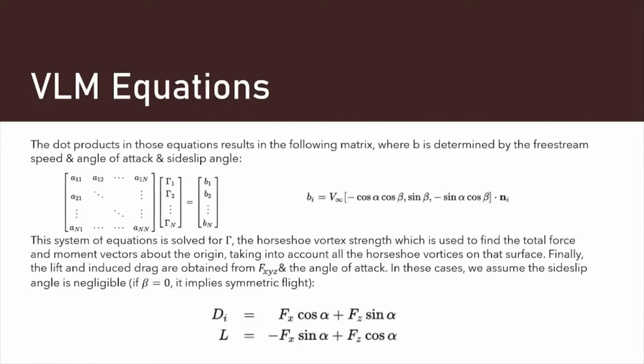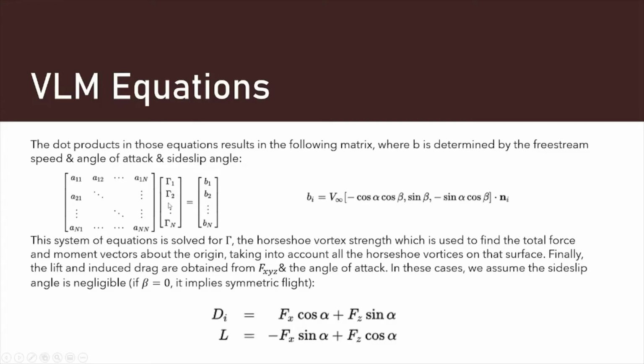So, the dot products of these equations result in the following matrix, where B is determined by the free stream speed and angle of attack and side slip angle, as you can see here. And look at this. You have your typical matrix, AX equals B. And of course you solve for X. And in this case, X is the matrix of the horseshoe vortex strengths.